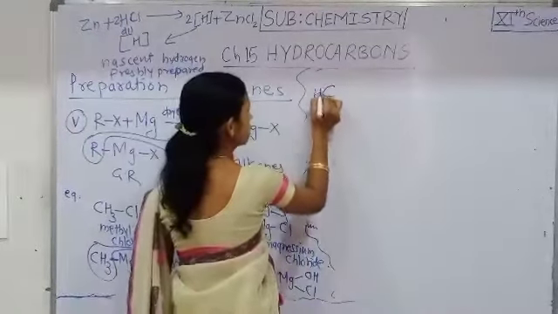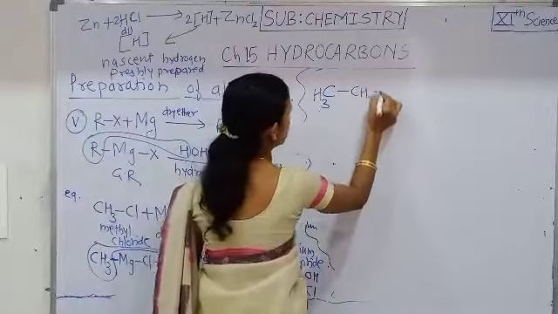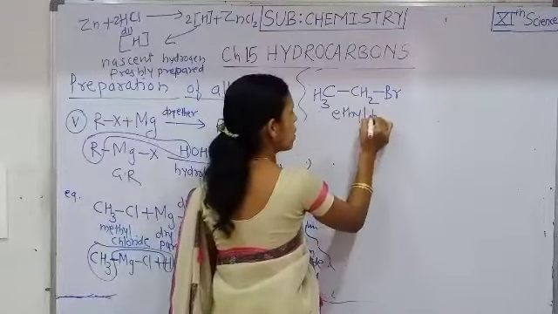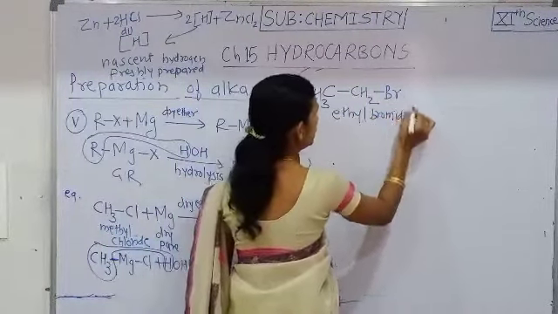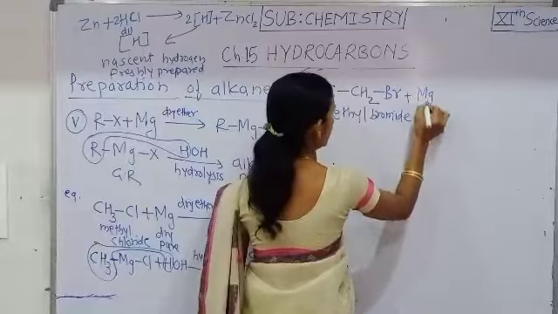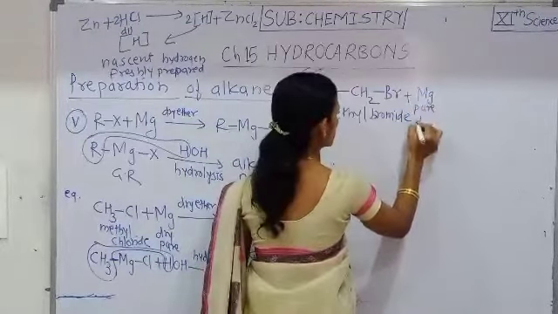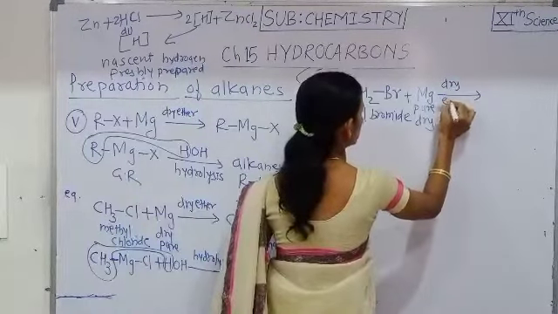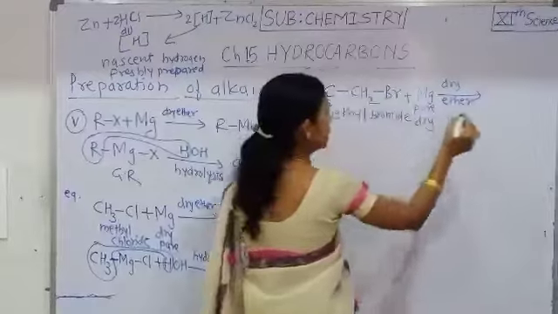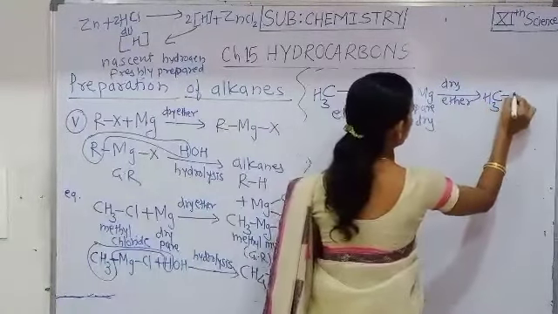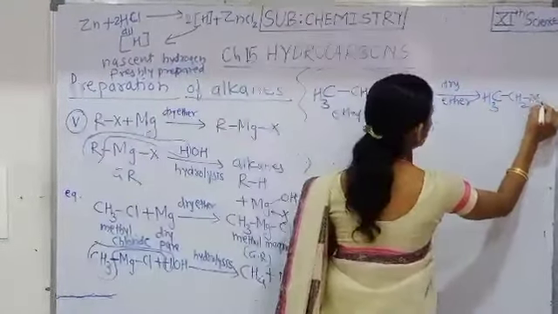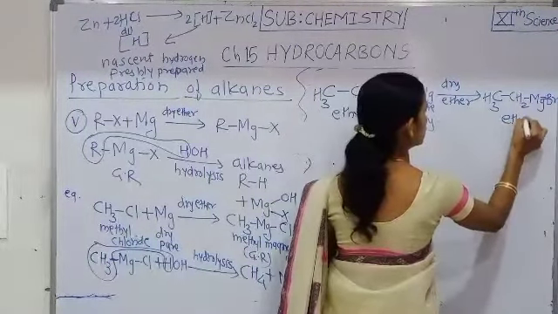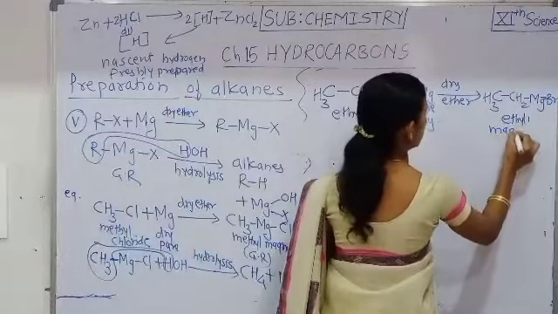See here, CH3CH2Br, that is ethyl bromide, when treated with pure and dry magnesium in the presence of dry ether, gives ethyl magnesium bromide, the Grignard's reagent.